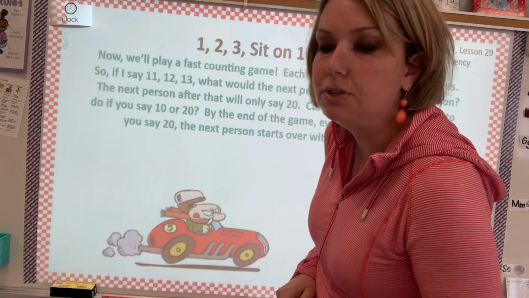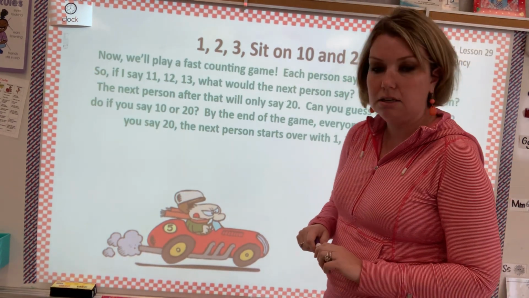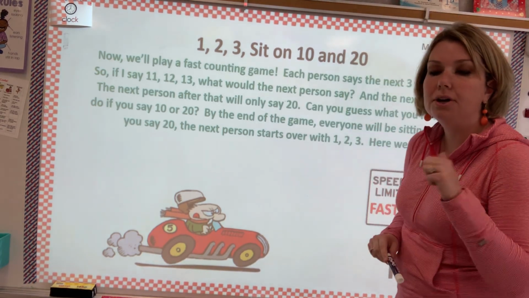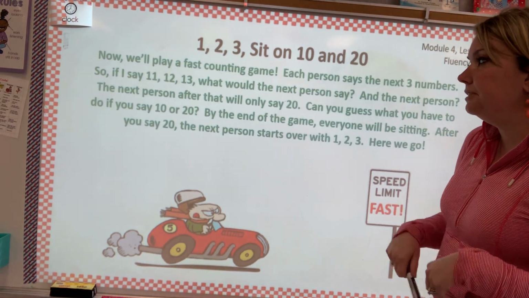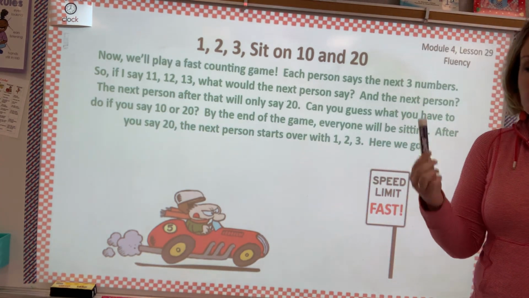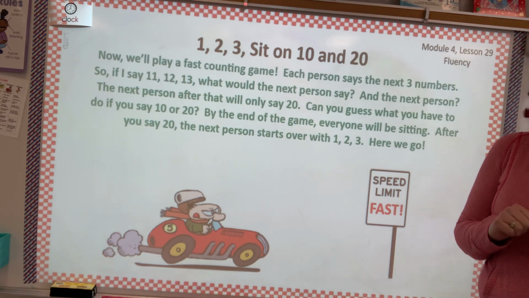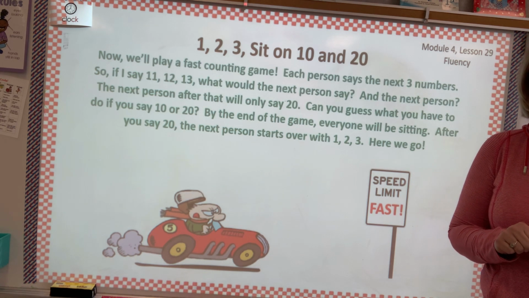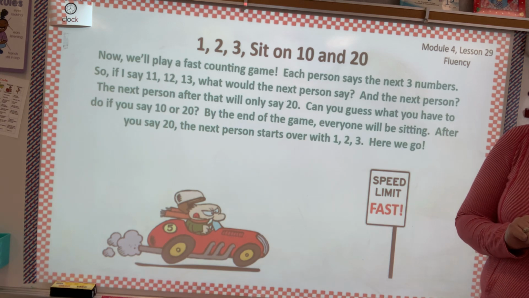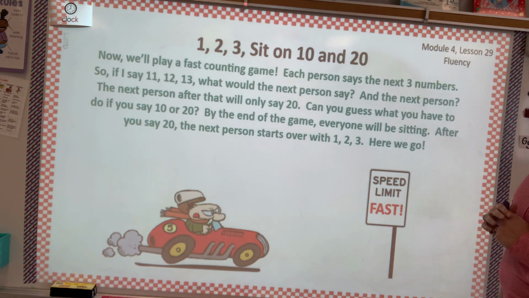You would say the next three numbers. So if I said 14, 15, and 16. Perfect. 14, 15, 16. And then Nicole would keep on counting. What comes after 16? Count the next three numbers. Nicole? 17, 18, 19. Very good.